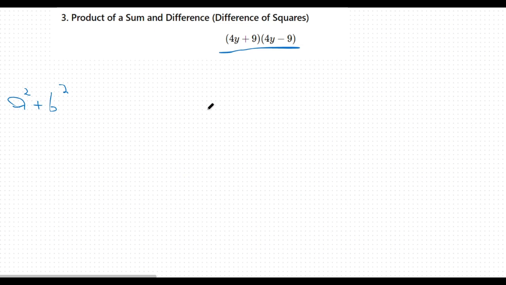So let's see here. What's 4y squared? That is 16y squared. And we're going to subtract, what's 9 squared? That is 81. This is the product of a sum and difference, a difference of squares.